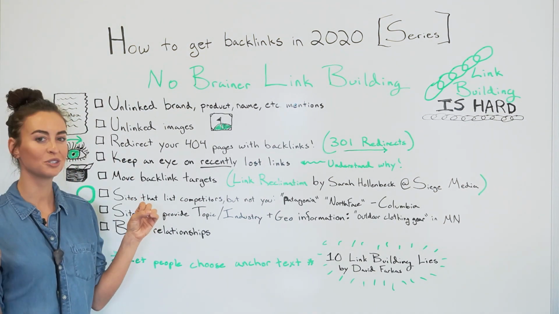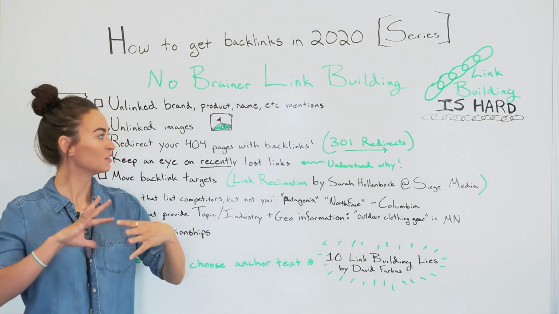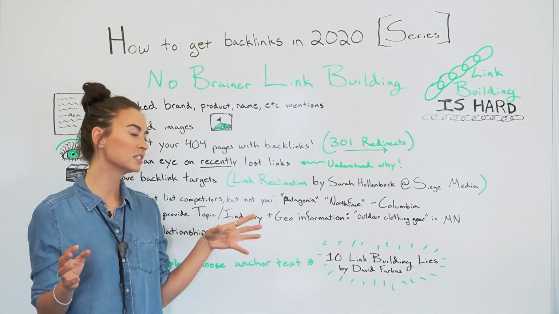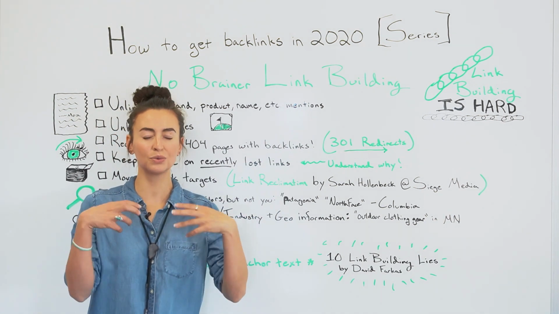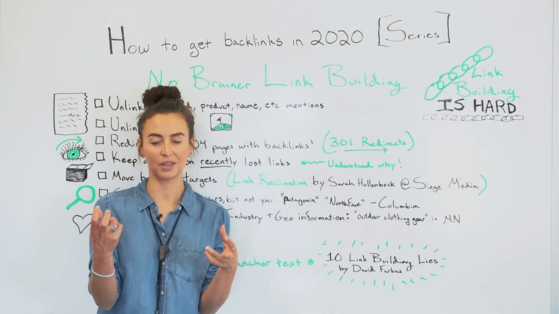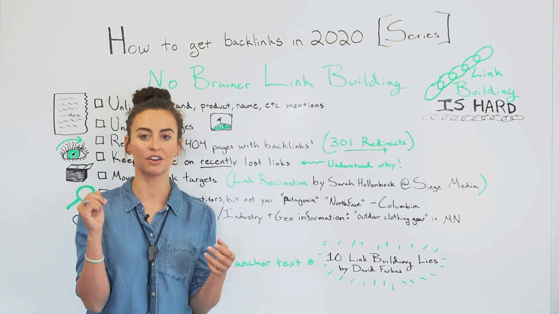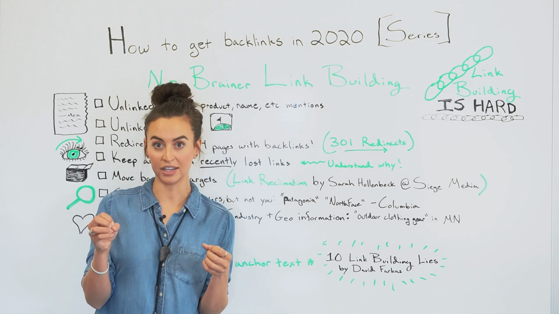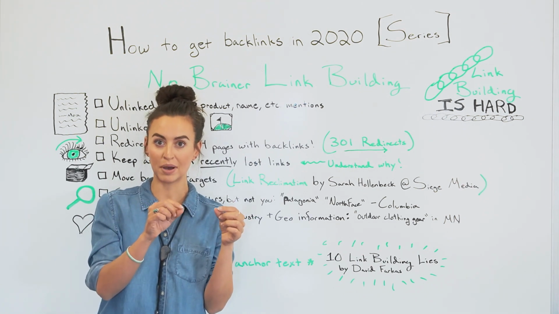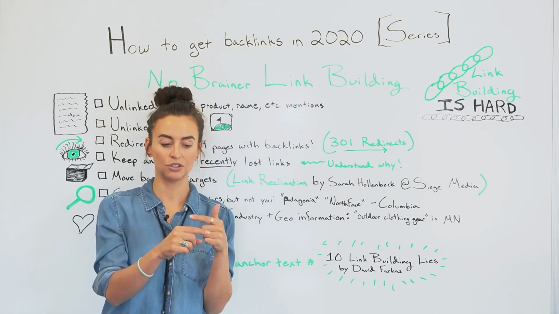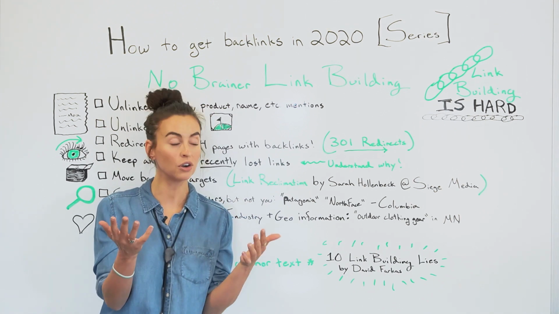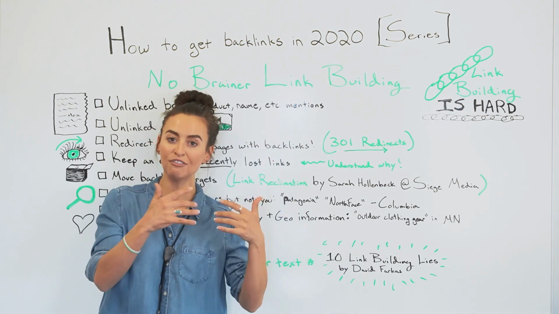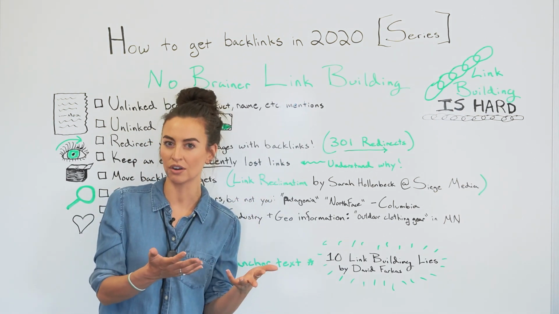Redirect your 404 pages with backlinks. This is completely within your control, no outreach required. In fact, Moz Link Explorer provides this really easily within Moz Pro. You basically take a look at all of your pages that have backlinks, and you can filter by status code, and you just change that to 400s, 404s, and you can see all of the pages to your website that currently have backlinks, but the page is no longer there.